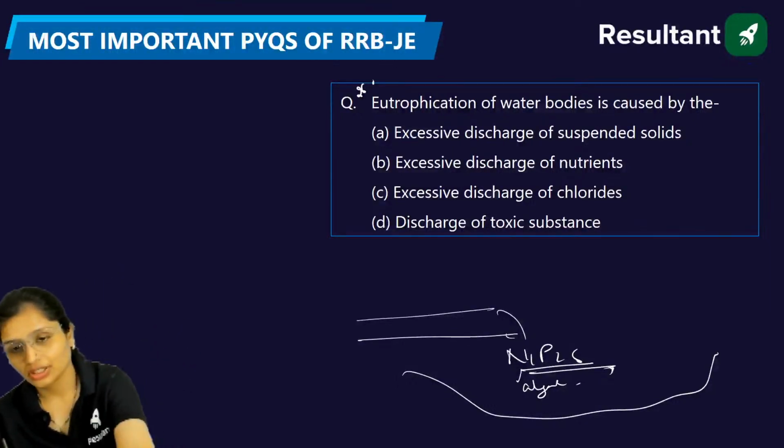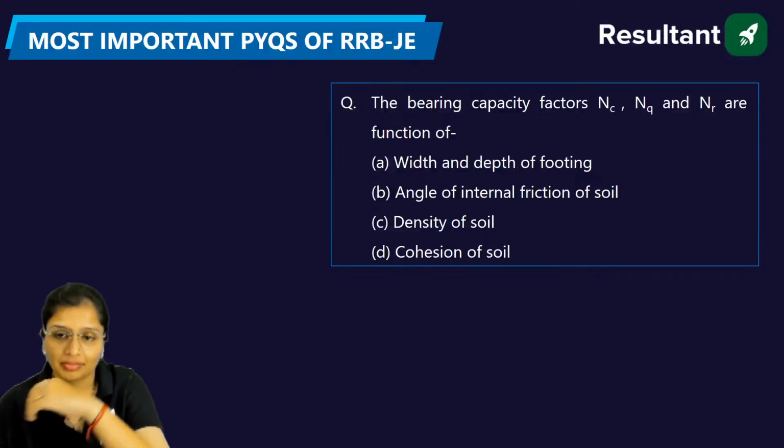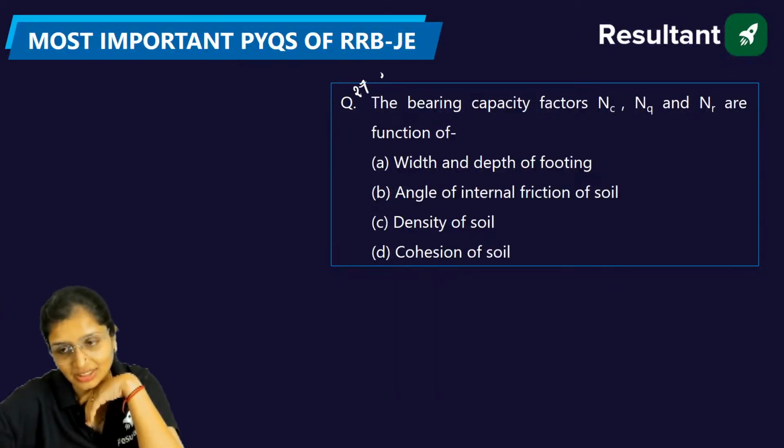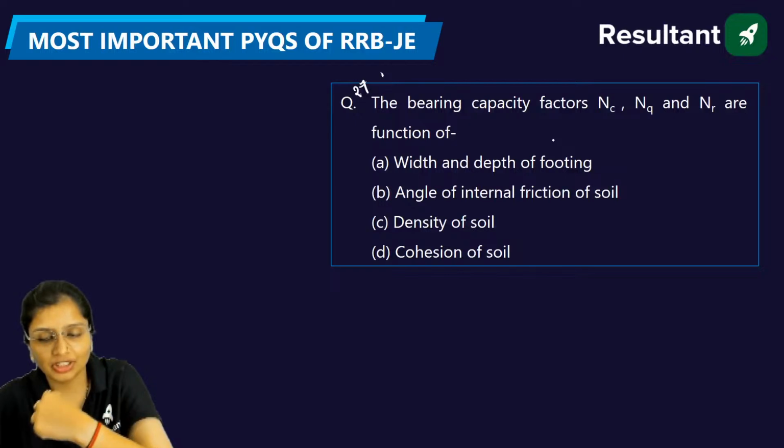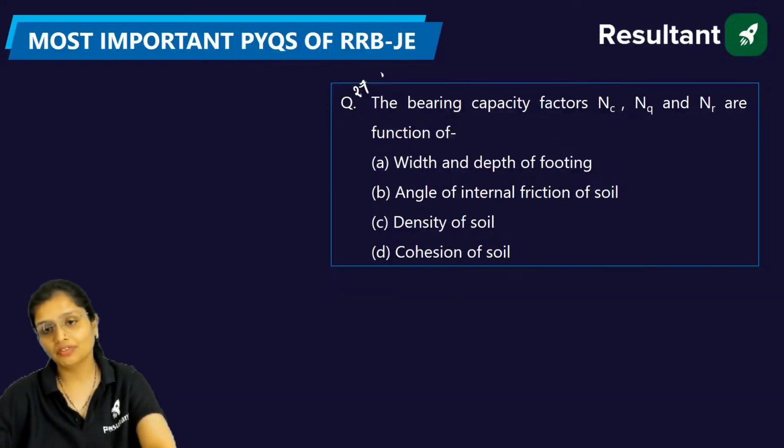Okay, 27. The bearing capacity factors NC, NQ, N gamma, they are function of what, guys?